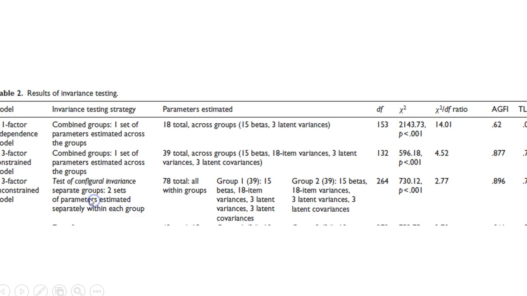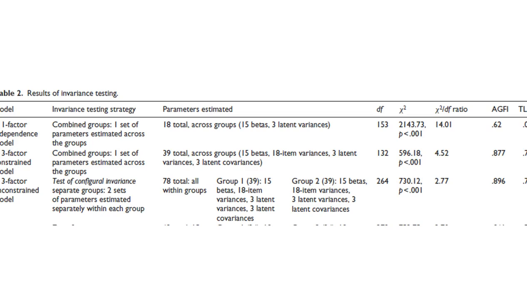And this is the results table from the paper. It's a little hard to see. I'm sorry. The second row is the result of the 3-factor model. You can sort of see over there, it says something like 3 constrained model. But the parameters estimated are there, 39, which is what we just counted up.